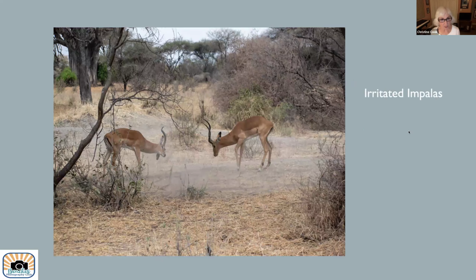Okay, irritated impalas. You've captured an interesting meeting of the horns here. I would crop in further. I would do whatever I could in this case to get more of these two impalas, because this is a pretty unusual encounter. The other thing is, unfortunately, his little hind end is all covered.